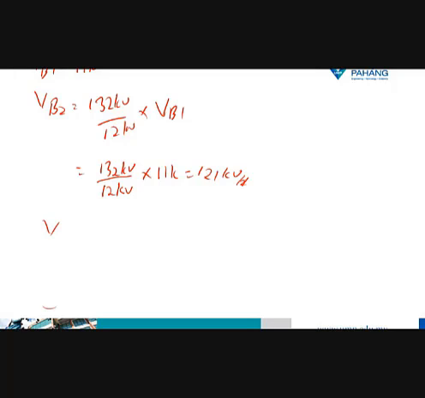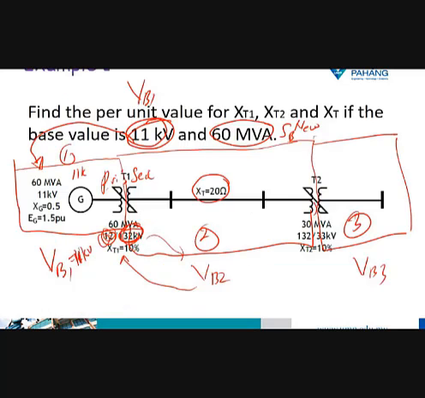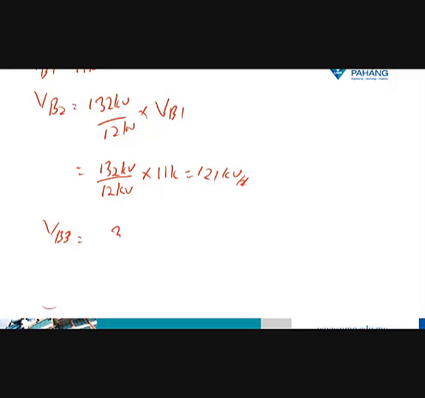Then we have to calculate V base 3. V base 3 equals, looking at the turn ratio, 33 kV over 132 kV times V base 2. Why V base 2?